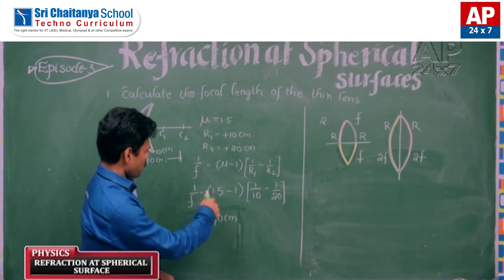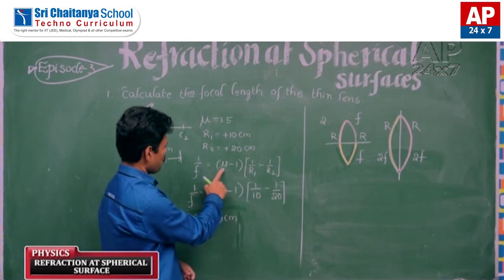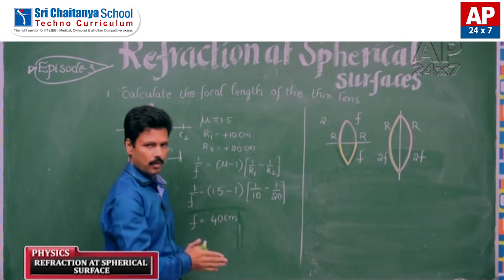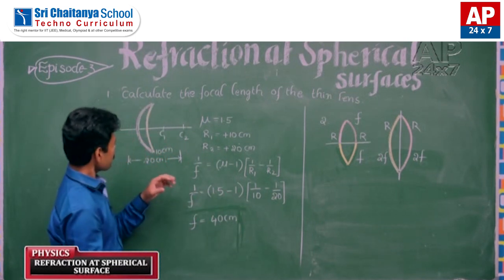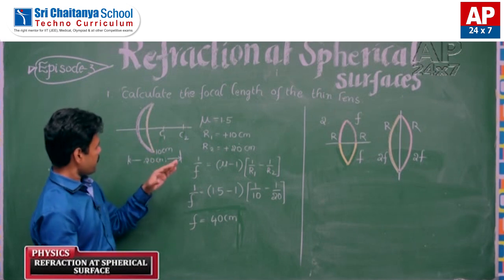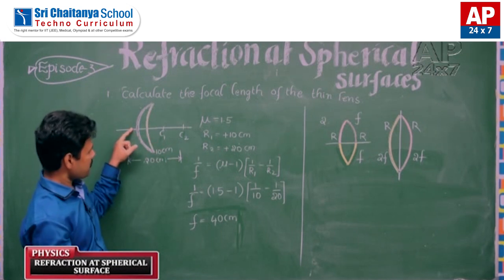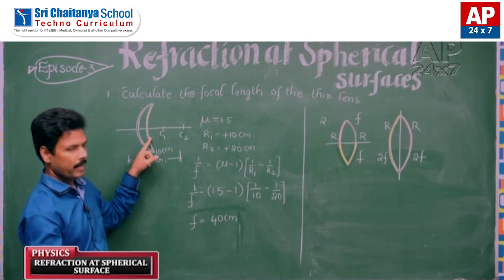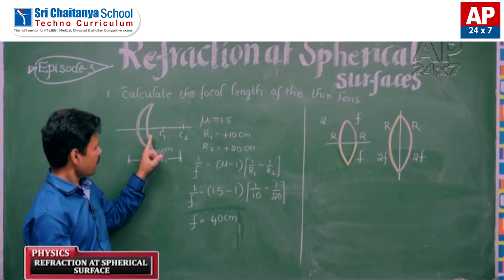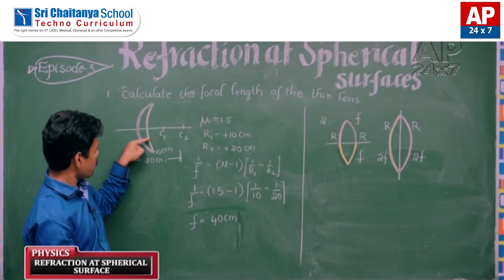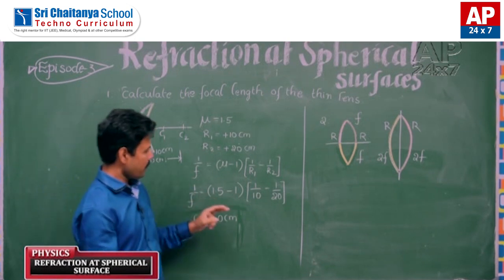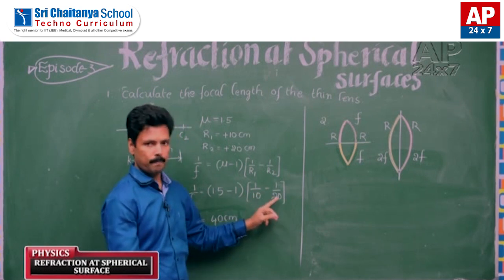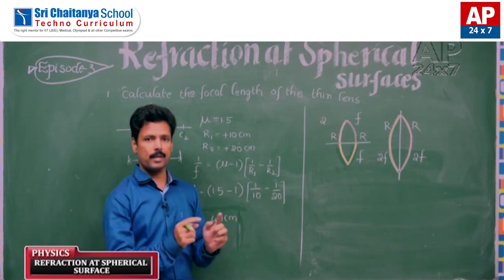Now see what we get: mu minus 1 is as usual, no change. But previously we took R1 as 10 and R2 as 20, now this becomes R1 and this becomes R2. That means we are interchanging these two, and both values are negative.